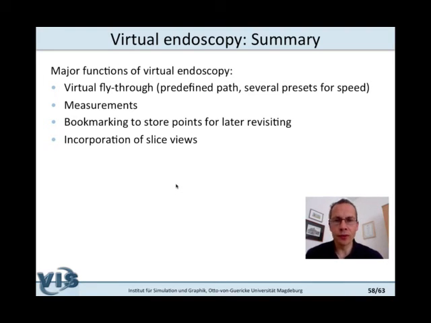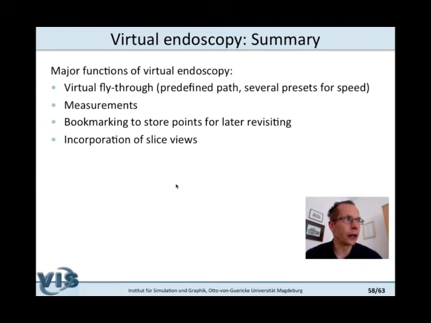But before this, one more summary comment. Major functions of virtual endoscopy, and that's a little bit important also for the outlook, because these major functions have to be supported well also with future developments. The virtual fly-through is of course the core function of virtual endoscopy, but measurements are also important. We have seen some examples and we'll see one more.